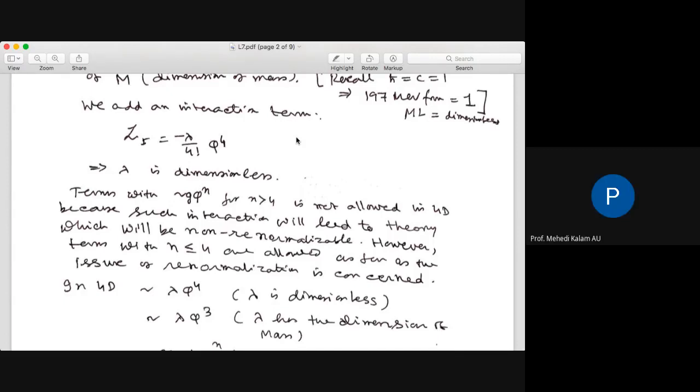So in another frame your upper limit will again change, and then it will not be Lorentz invariant.